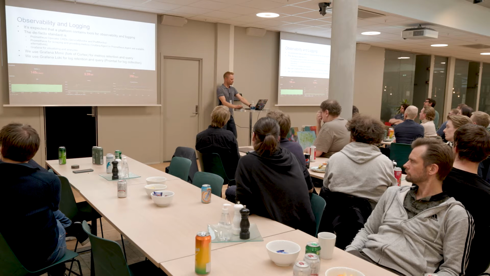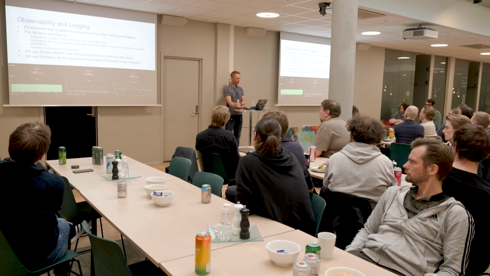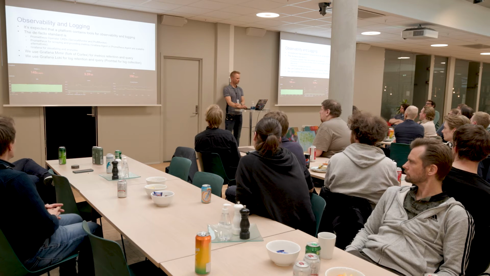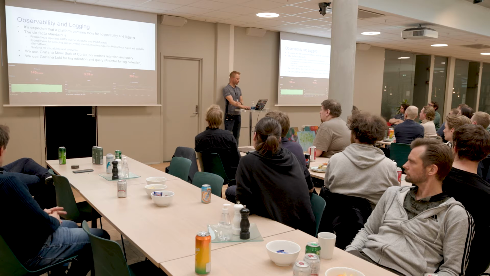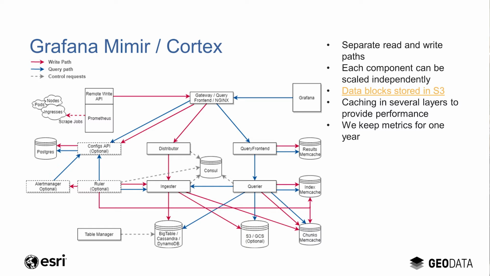But we have extended Prometheus with actually now Mimir, previously Cortex, to have scalable metric paths. We also use Grafana Loki for logging and log querying. So the Grafana Mimir and Cortex is the core of our metric system, which our billing and cost calculation platform is built on top of. That's why I'm mentioning this.